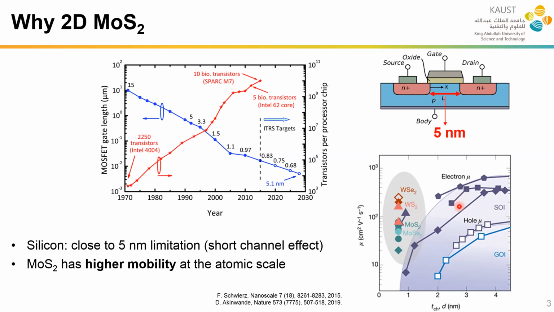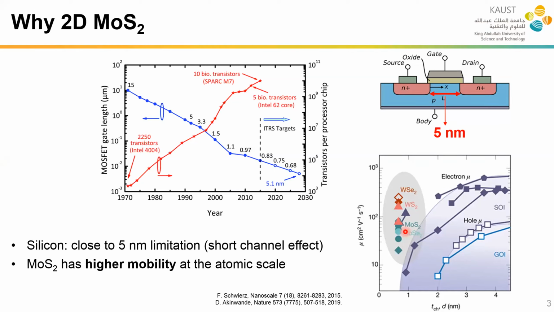We can also reduce the thickness of silicon to minimize the short channel effect. But if we reduce the thickness of the silicon channel to less than 1 nanometer, the mobility is greatly degraded. But 2D materials can have a relatively higher field effect mobility, even with a thickness of less than 1 nanometer.